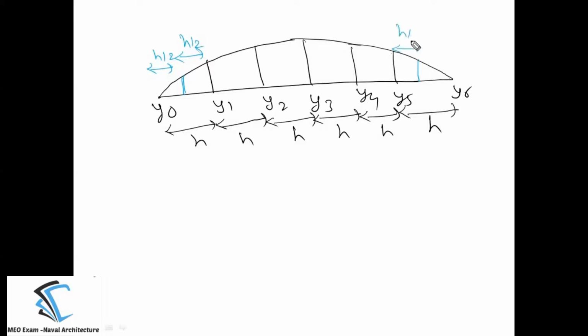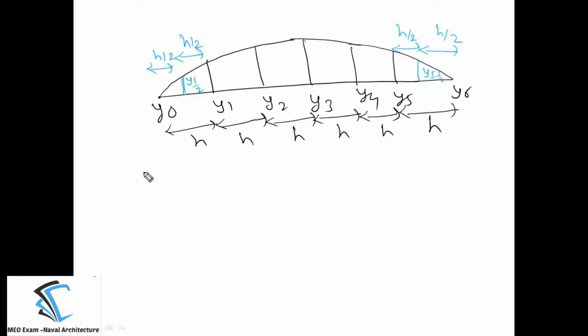Here also it is a half interval, and the rest of the things have full intervals. Now again check how many total ordinates there are, irrespective of whether it is a full interval or a half interval. You can see y0, y1.5, y1, y2, y3, y4, y5, y5.5, y6.